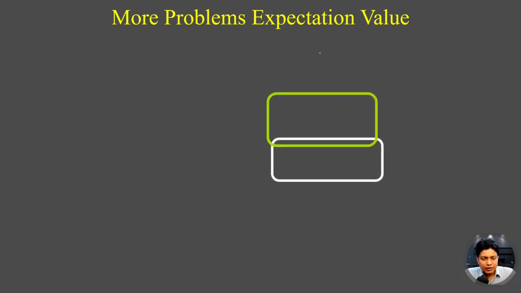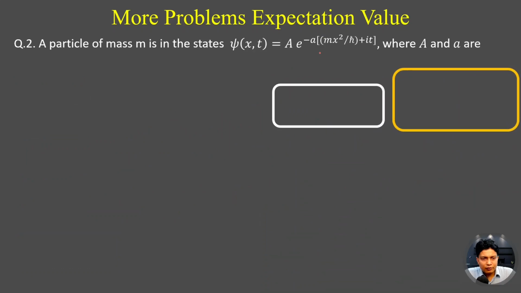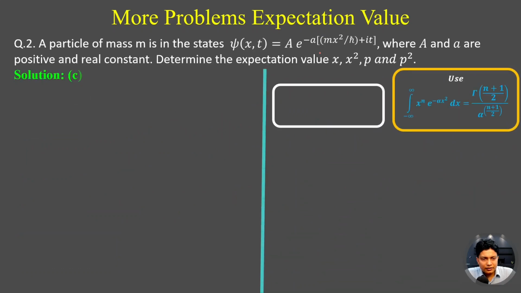Now let's calculate the expectation value of x square. The expectation value of x square can be written as under root 2 alpha m upon pi h cut, integral minus infinity to plus infinity x square e to the power minus 2 alpha m x square by h cut.